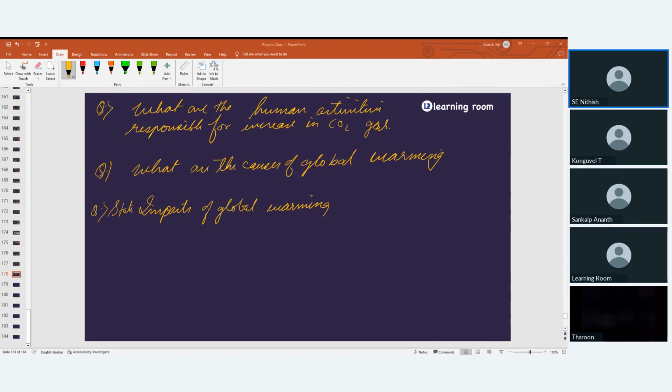Polluting in the first place. Sir, if you want eco-friendly, you indirectly have to pollute in some way or the other. Lithium is the only thing we are polluting. Except lithium, we are not polluting anything else.